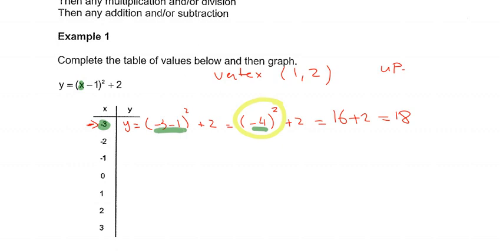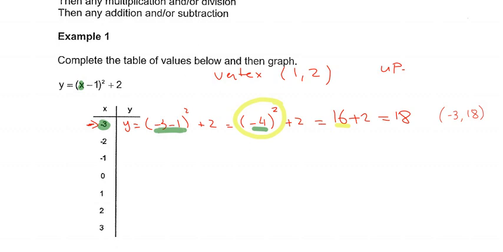So that gives me the 16, and I'm going to add the 2, which is going to give me 18. So for the x value negative 3, my y value is 18. Okay? So I'm going to write this as a point. So that's going to be negative 3, 18. That's a point.